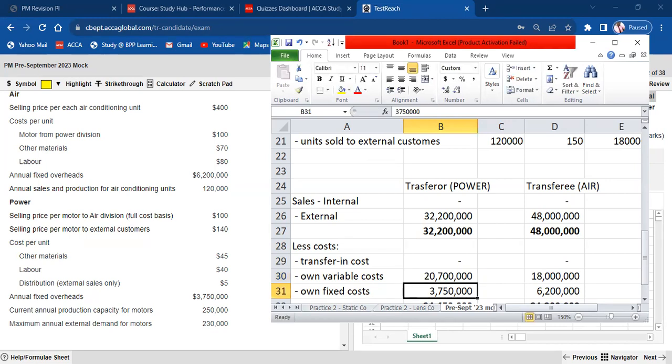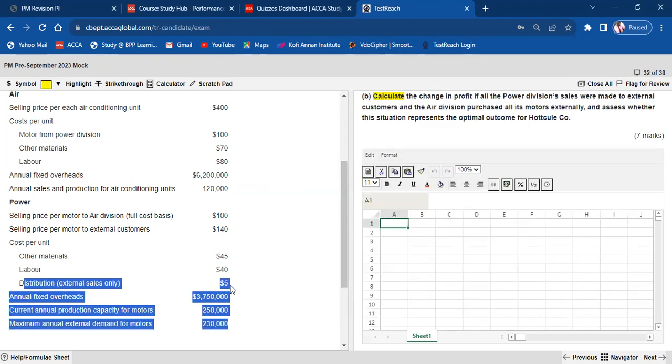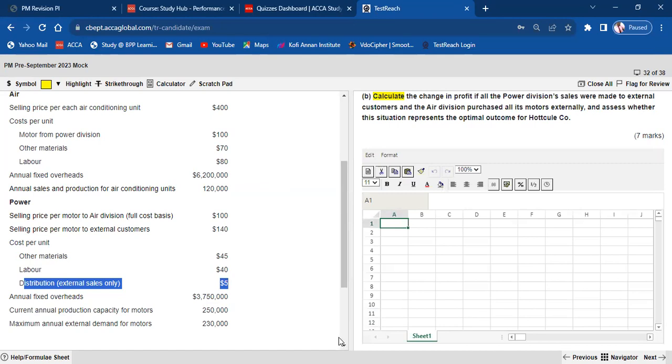I'll give you a second reason I'm thinking like that. If you spend $5 on distribution, then if you are thinking the way you are thinking, this is the calculation we should do. We should end up saying we produce 250,000, one at 45 plus 40.